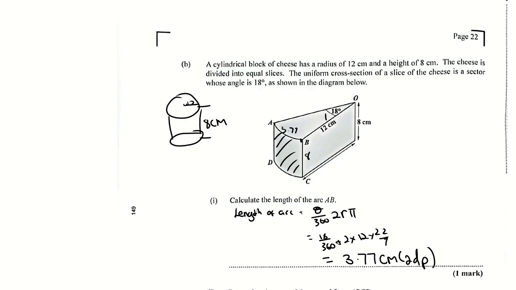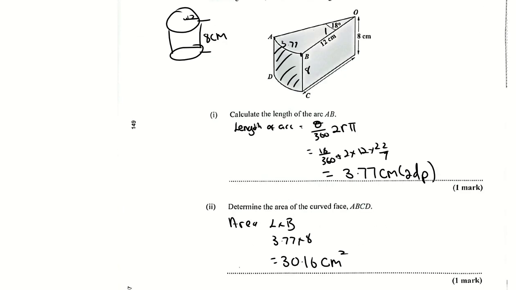Now, you could have just used the information that was given here. The volume of a cylinder is the area of a circle times your height.